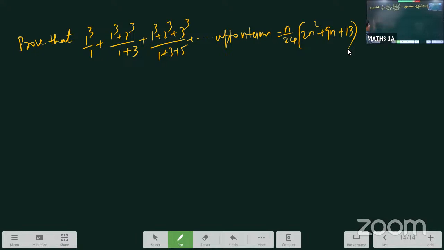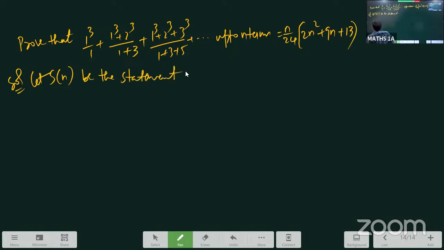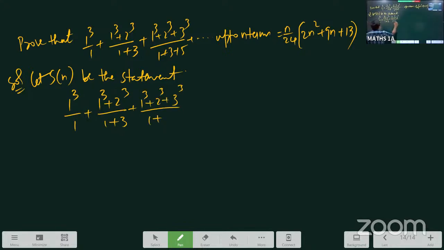Again, by using mathematical induction, again nth term is not given. Let us see once. Let S of n be the statement. What is that statement? 1 cube by 1, 1 cube plus 2 cube by 1 plus 3, 1 cube plus 2 cube plus 3 cube by 1 plus 3 plus 5, plus so on, plus up to n terms.